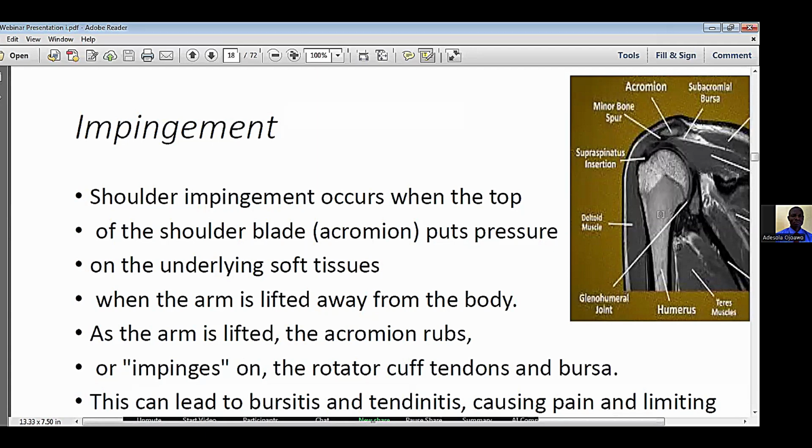when a patient moves the joint out in abduction, once it touches the bony spur, there is pain. And that's what is called impingement. In addition to that, there can be calcification in that area.